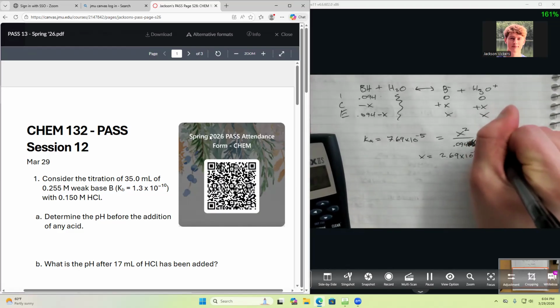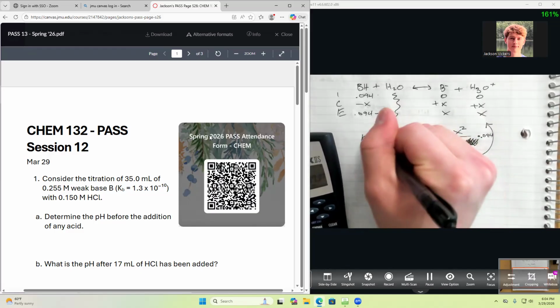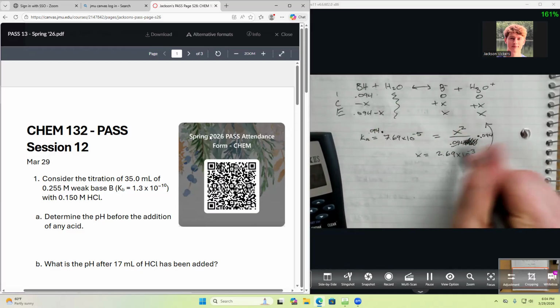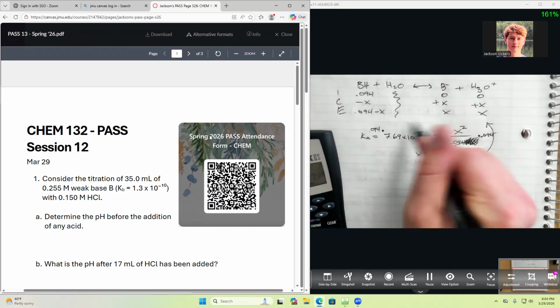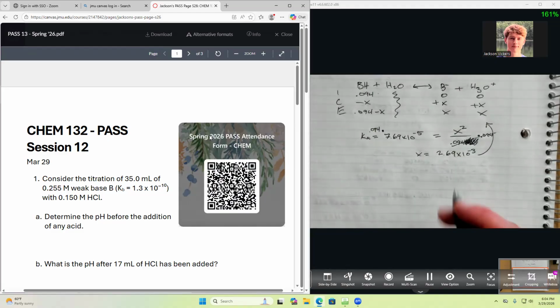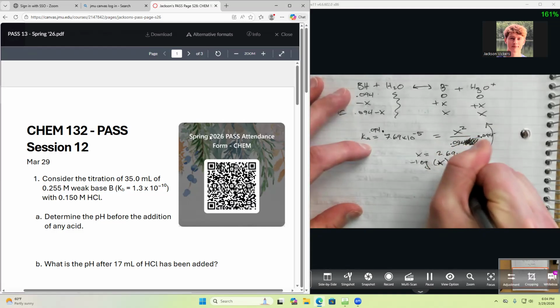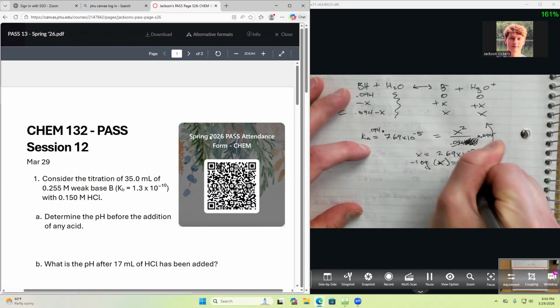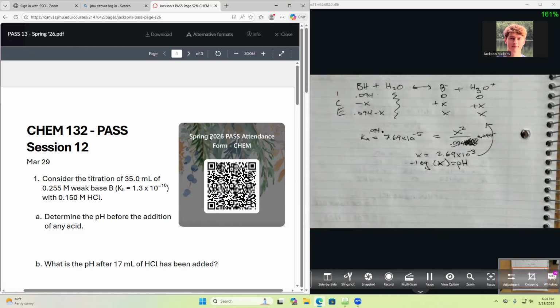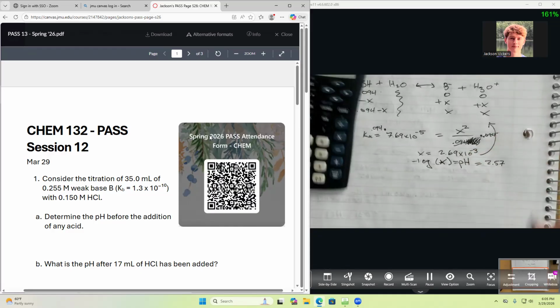So we're going to multiply by 0.094 on both sides, cancel out our denominator, and then once we do this, we can take the square root of it to get rid of the exponent here. And so negative log of x is our pH. And that's 2.57.